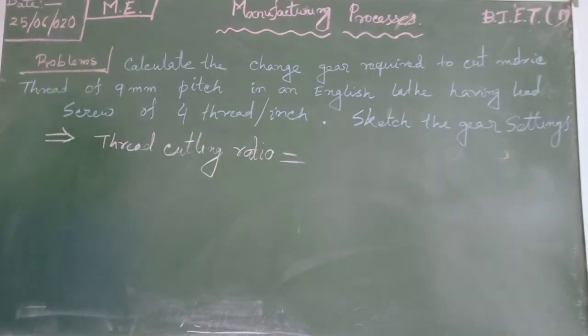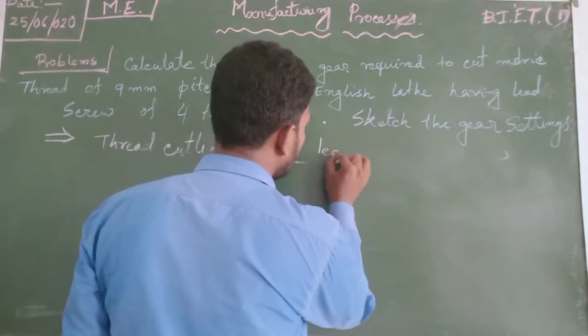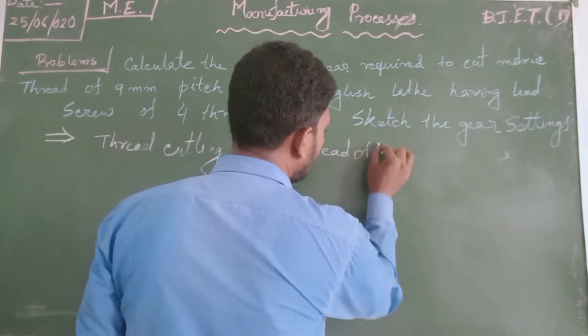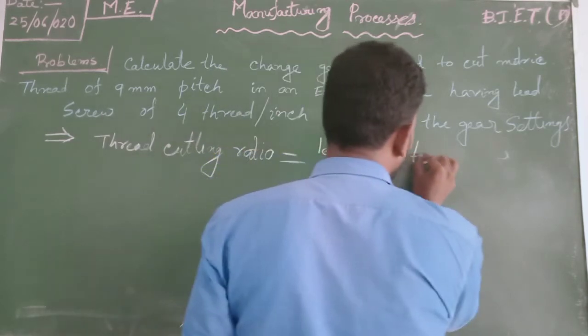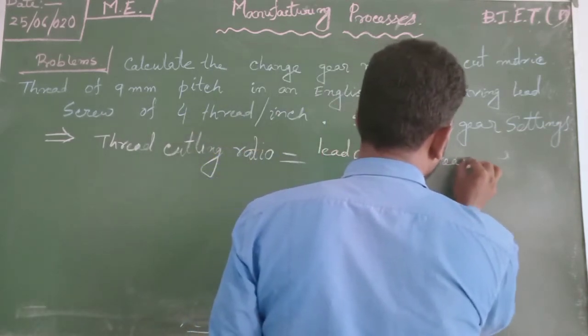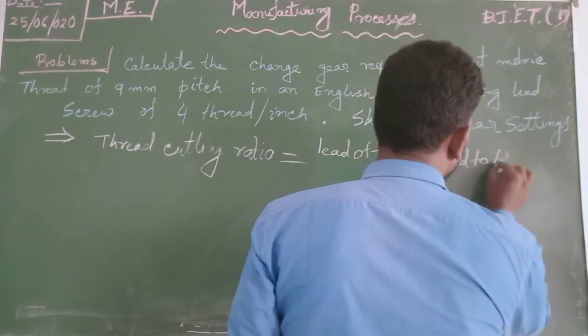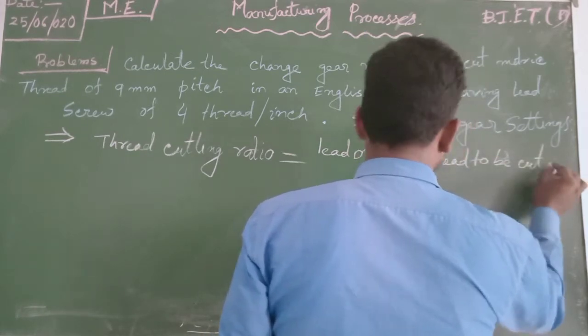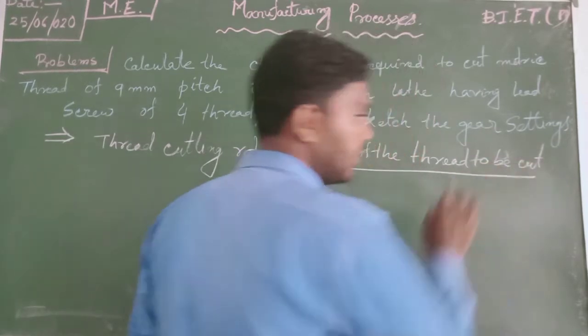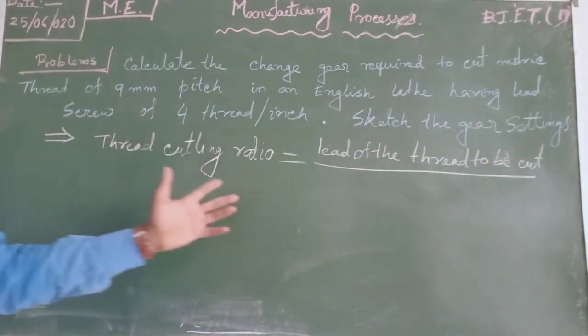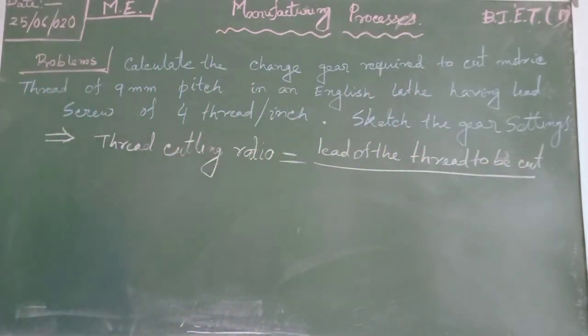Thread cutting ratio is equal to the lead of the thread to be cut divided by the lead of the screw.